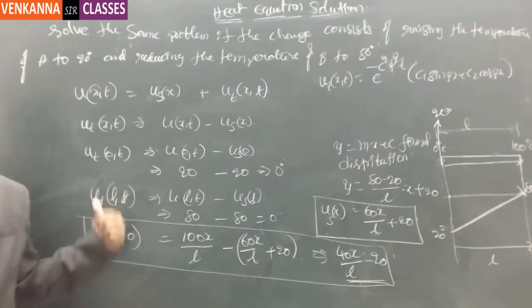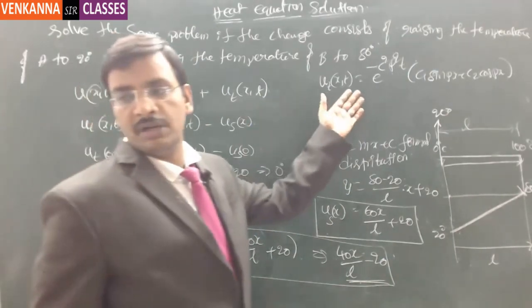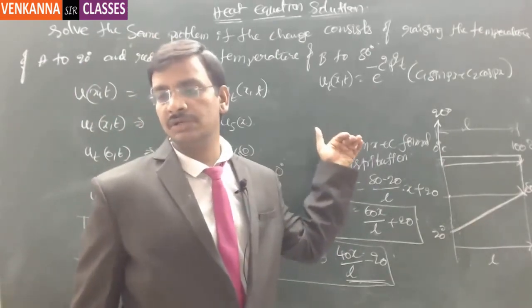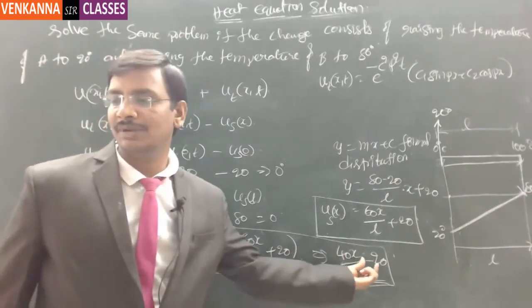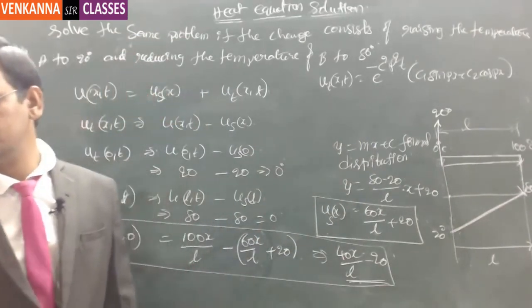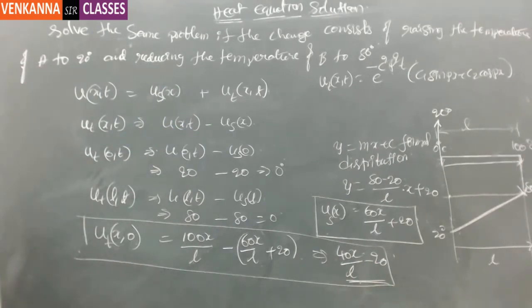These three conditions, if you put them in this format, you are going to get the solution with the help of the Fourier series equation, where the function is taken as 40x by L minus 20. Clear? Got it? Or do you have any questions on this? I need a response. If you have any doubts, you can tell me.